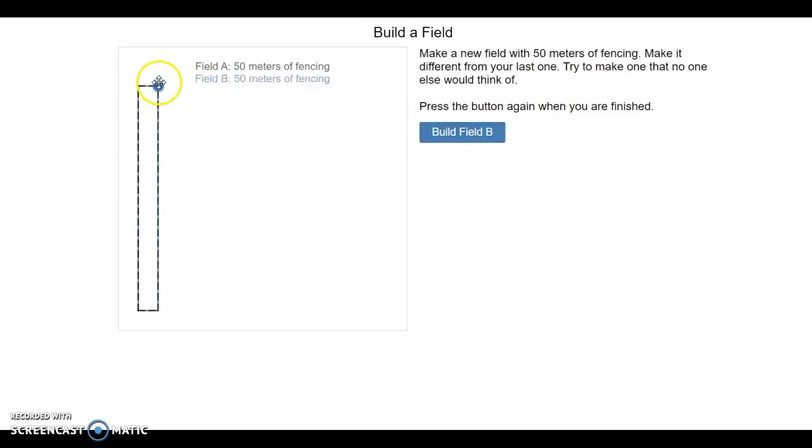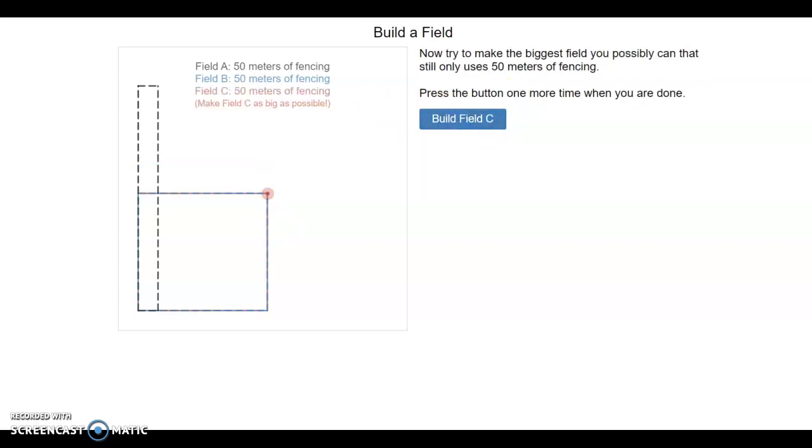Now I'm going to do the same thing, but field B. Make it a different one than my last one. So I'm just going to go straight out and do super wide. And honestly, you can have different ones. There's my field B. Now I'm going to do C. It says make the field C as big as possible.